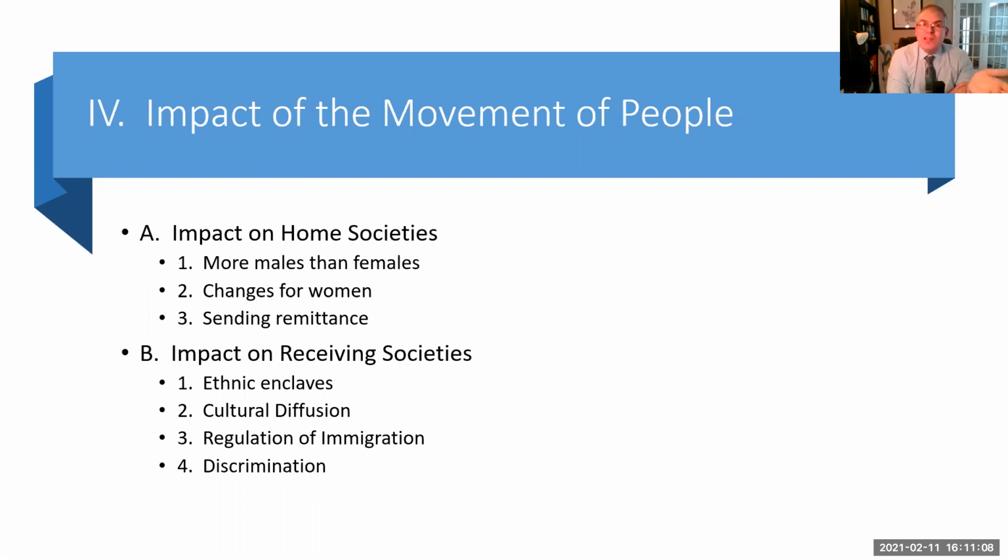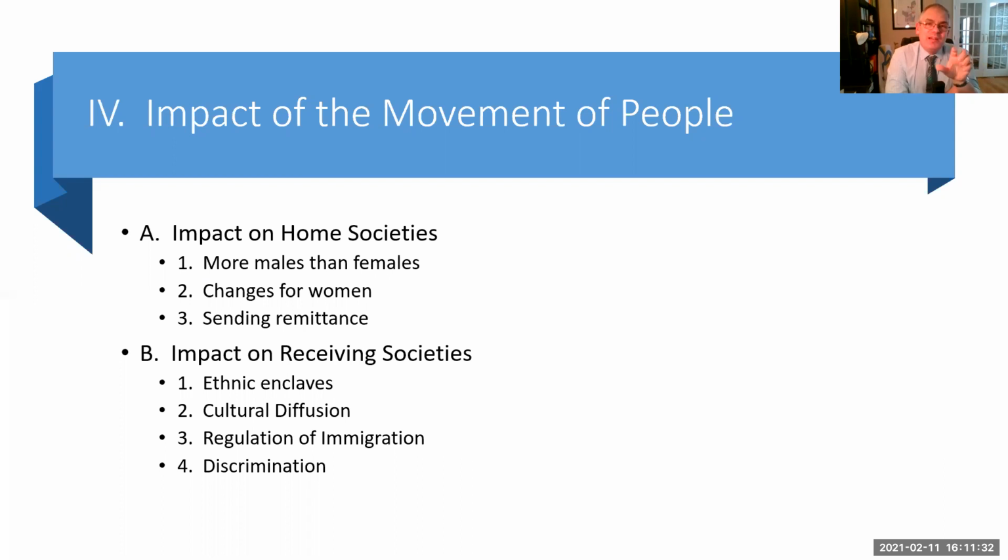Our celebration of St. Patrick's Day is obviously influenced by the Irish immigration. We can go through and do multiple examples. The important thing is that you recognize those examples. Receiving societies also sought to regulate immigration. So the one you know from US history is the Chinese Exclusion Act of 1882.